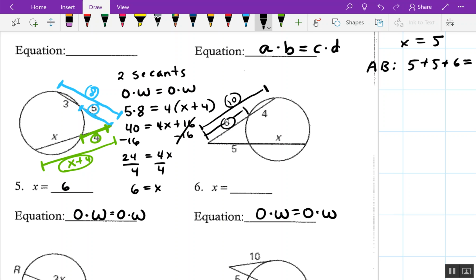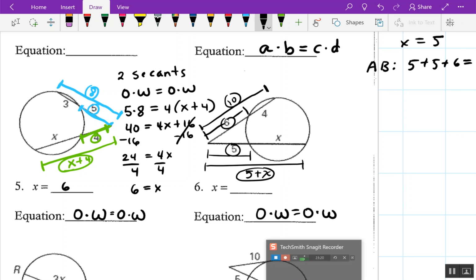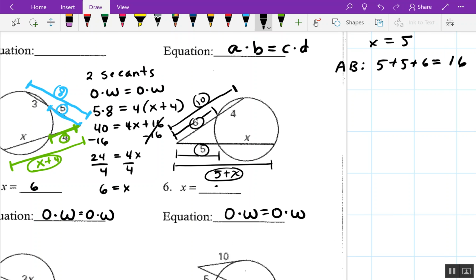Now, for the bottom secant, which is the outside piece? Outside is 5, and the whole thing is going to be 5 plus x. All right, so the final answer that you should be getting is 7, okay?